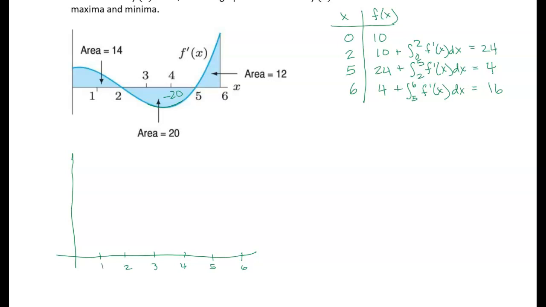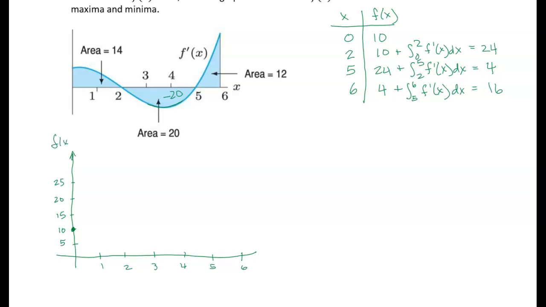All right. Well, we can plot the points we just found. So let's do 5, 10, 15, 20, and let's say this is 25. We're told that at x equals 0, the value of the function is 10. I should probably label these axes too.